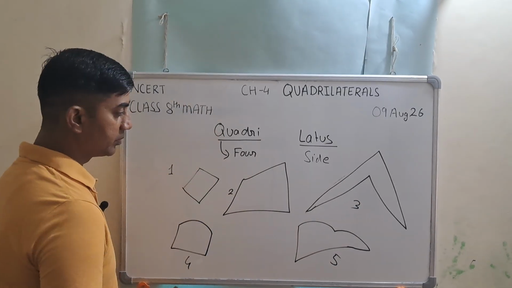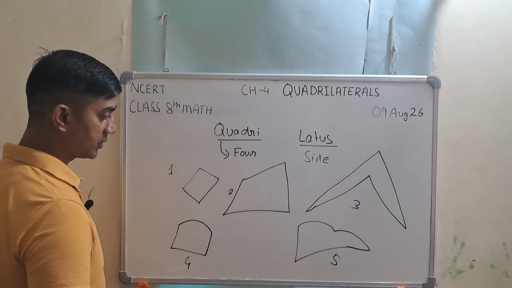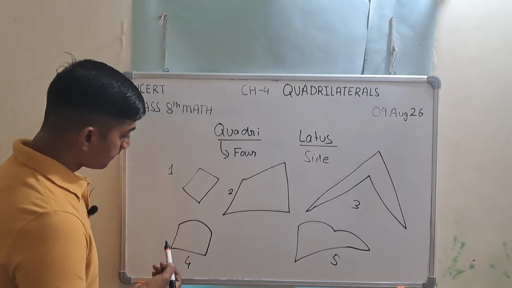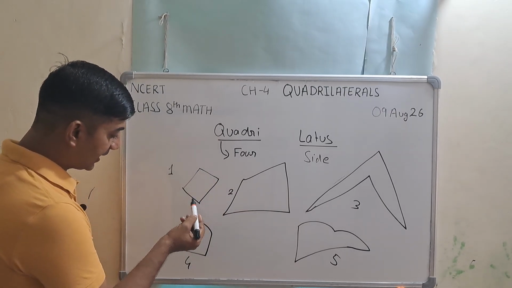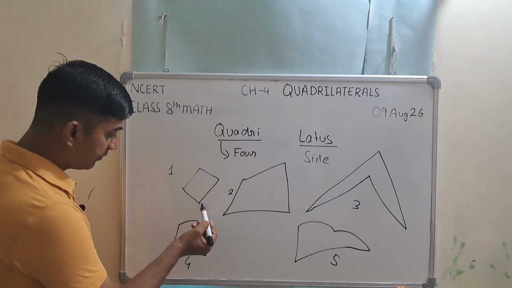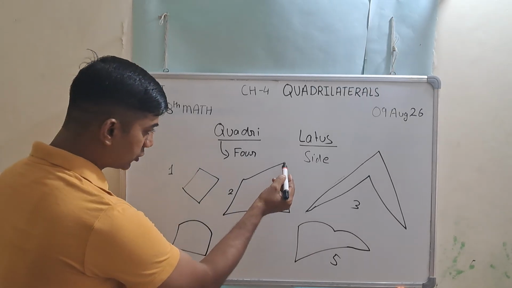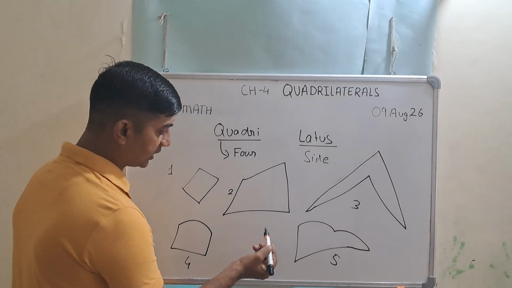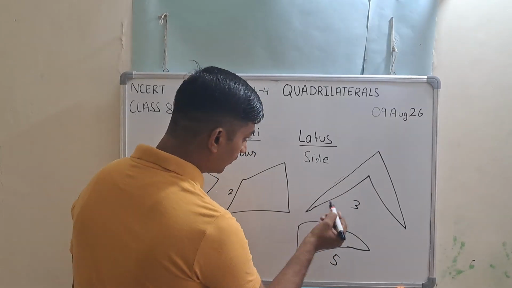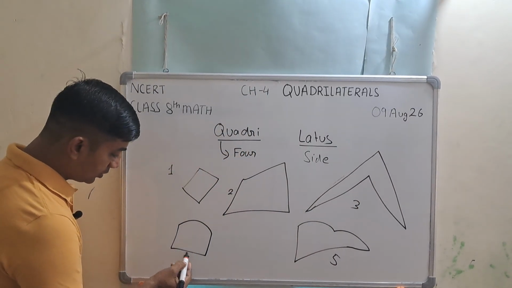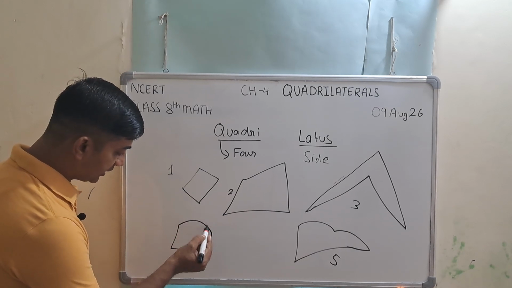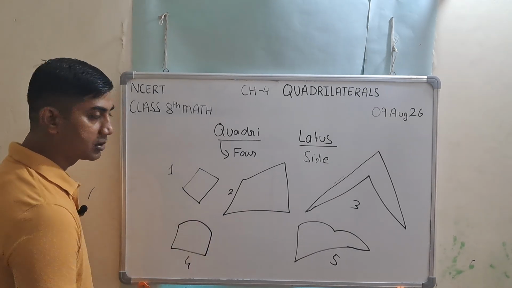Now what is the difference between all these figures, which I want to tell you. In this figure we have line segments. In this figure also we have four line segments. In this figure we have four line segments, and in this figure we have three line segments, but this side is not a line segment, this side is a curve.